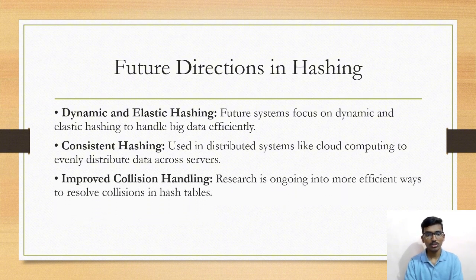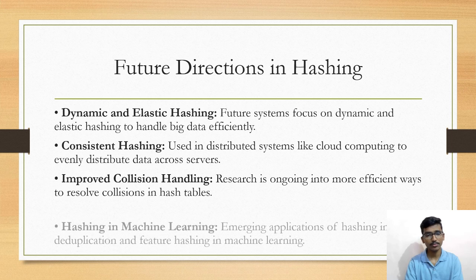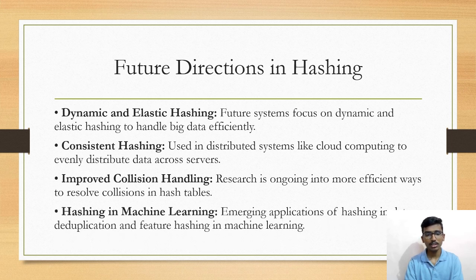Improved collision handling. Research is ongoing into more efficient ways to resolve collisions in hash tables. Hashing in machine learning. Emerging applications of hashing in data deduplication and feature hashing in machine learning.